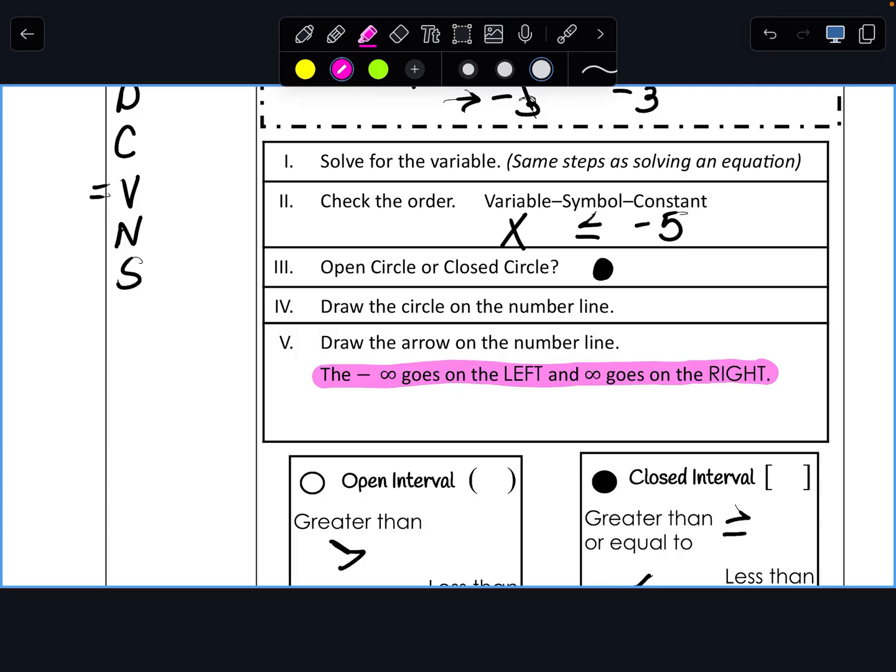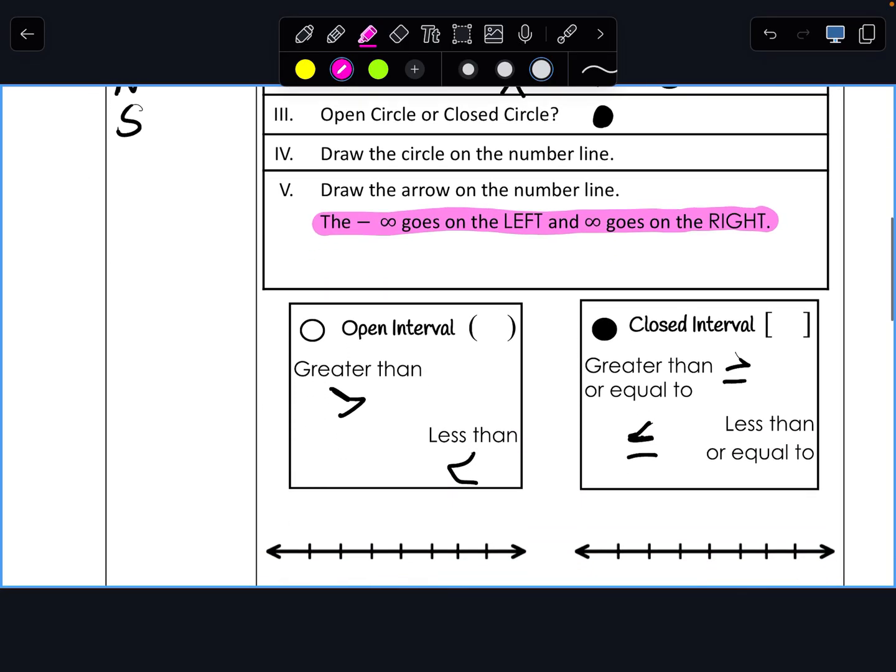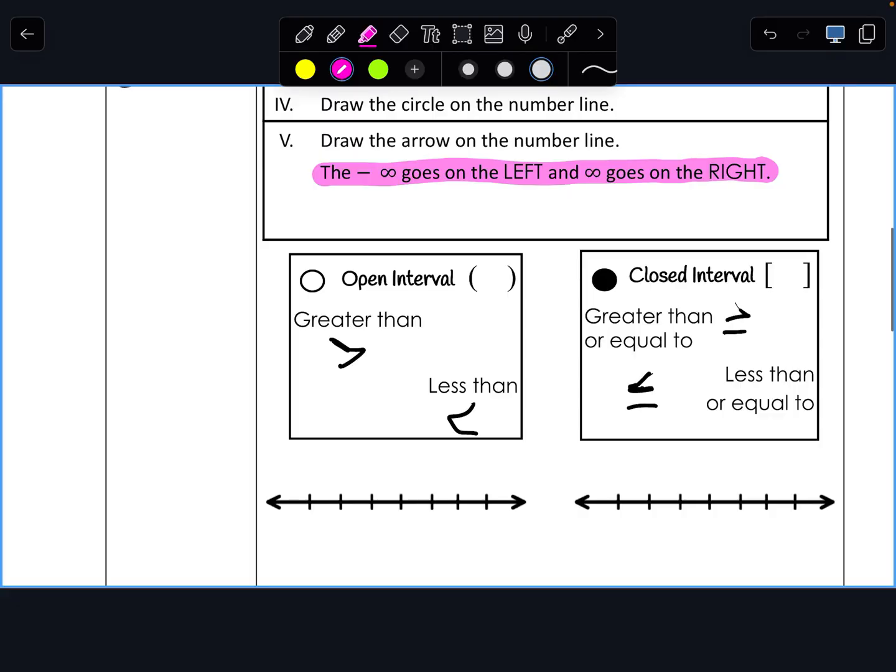All right, so let's graph a couple examples, actually. Let's graph x is greater than 1, and let's graph x is less than 1.